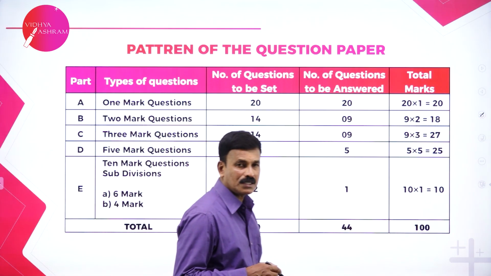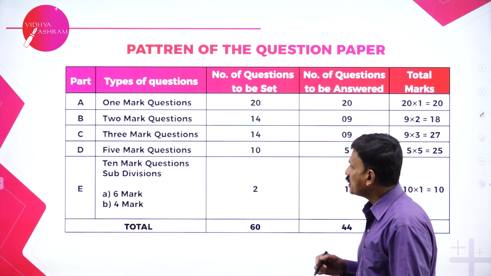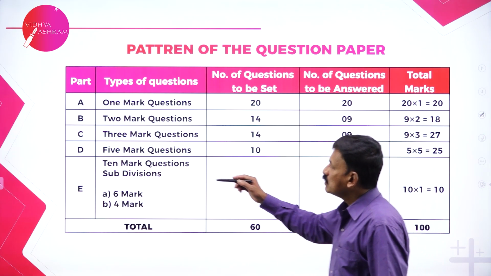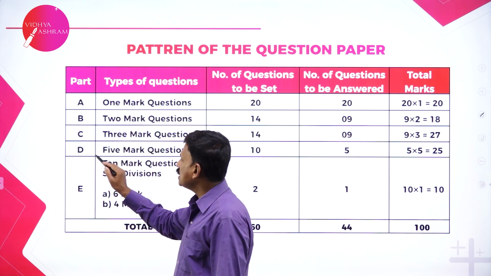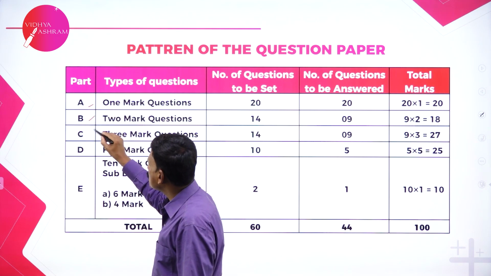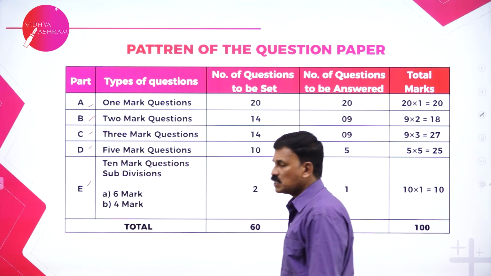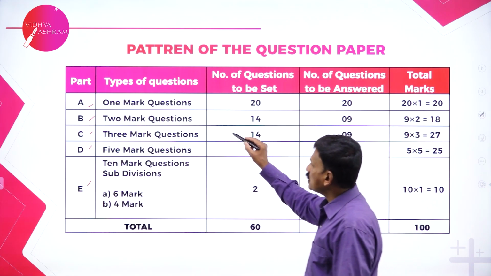So usually for mathematics you will have a 100 marks question paper. In the 100 marks question paper, how many parts are there? A, B, C, D, E. 5 parts will be there. In the first part, you are going to get 1 mark questions.